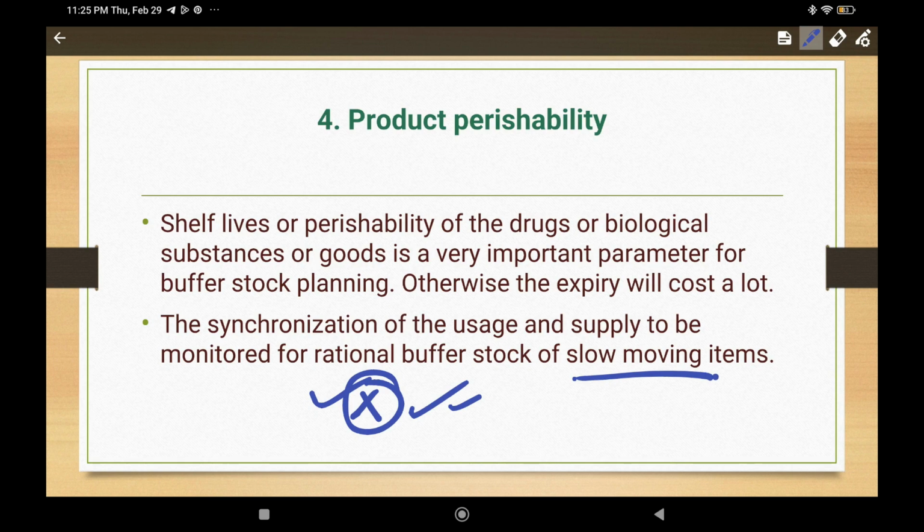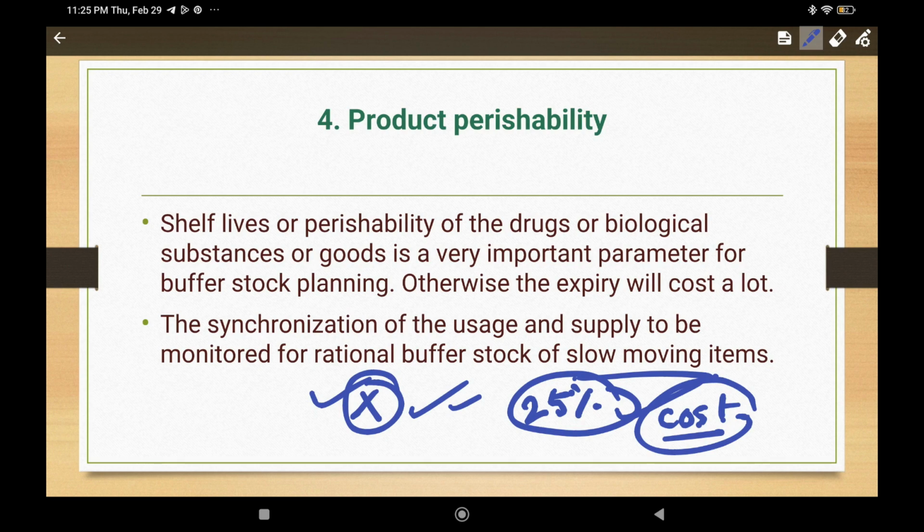In case of this kind of slow moving drug, if we keep more buffer stock, about 25%, then that 25% of the drug also will expire and it will not be cost effective. So for slow moving items, we have to be very conscious about the calculations of buffer stock, lead time, etc. And the trend analysis also should be very critical for this kind of stock.